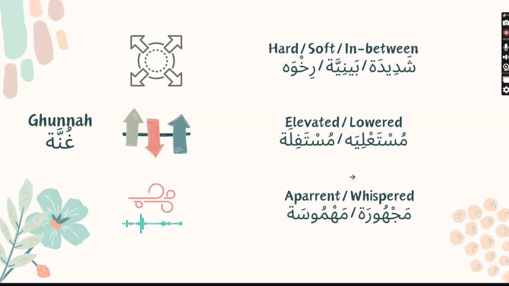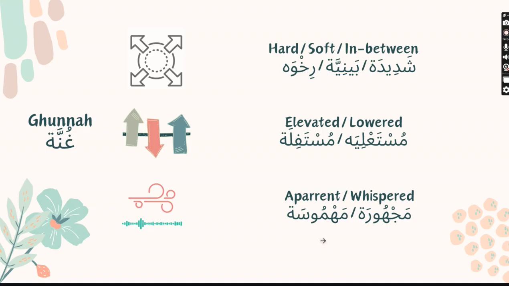Okay, and does it have air coming out with it? Is it whispered or is it majhura? The letters that are whispered, we know them: فَحَثَّهُ شَخْصٌ سَكَتْ. But if we don't remember these, we need to experiment. So let us say the letter ra and see if there's any air flowing out with it.